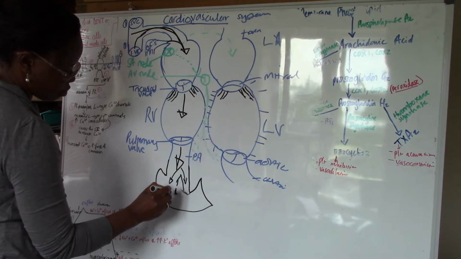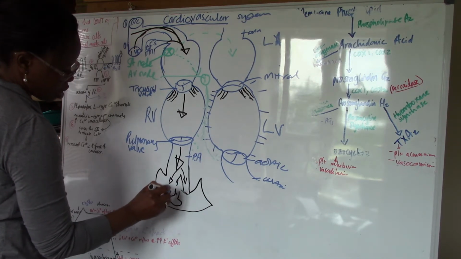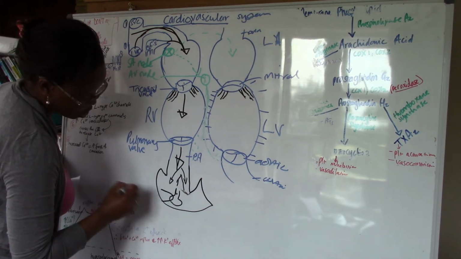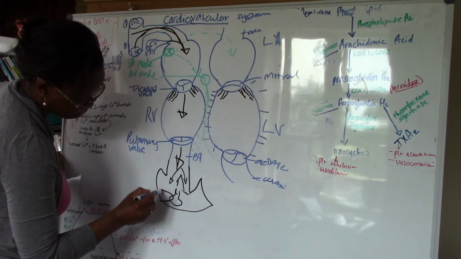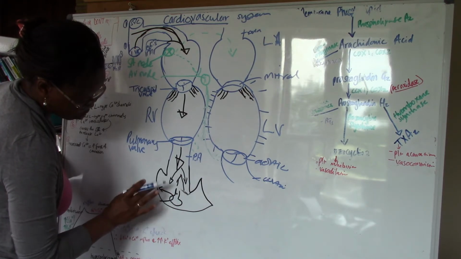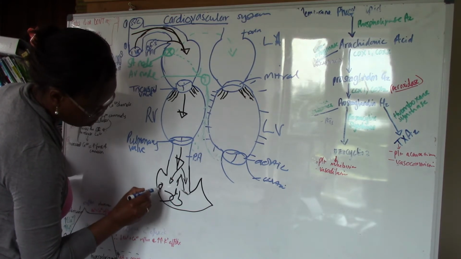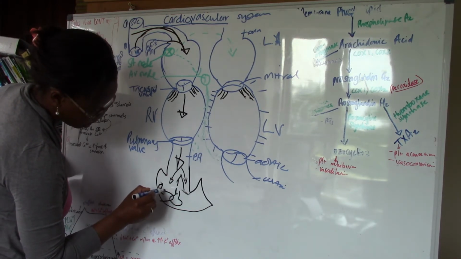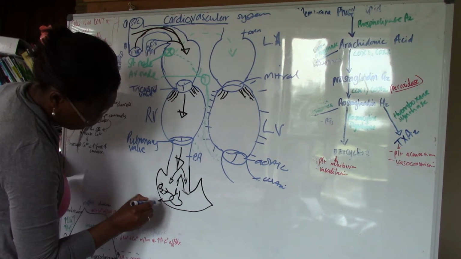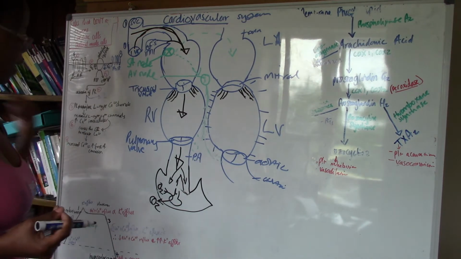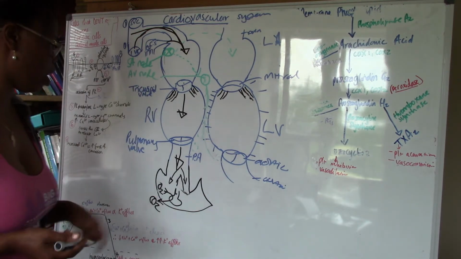So we have our alveolus there, waiting to undertake gaseous exchange, which occurs. We have oxygen going in and carbon dioxide coming out and being expelled into the air through the nose or the mouth.